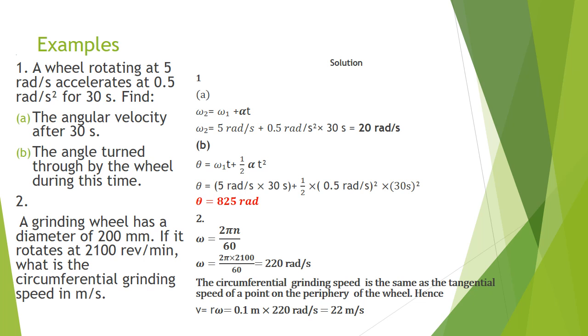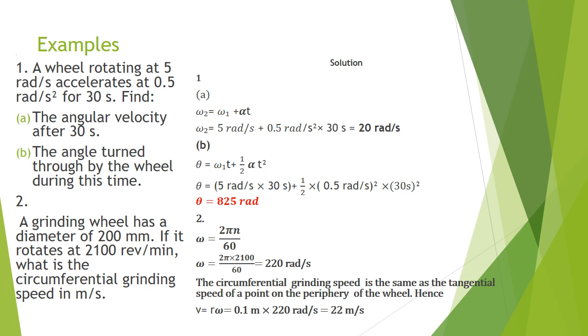Now, the circumferential grinding speed is the same as the tangential speed of a point on the periphery of the wheel. Hence, V, which is the circumferential grinding speed, is equal to R times omega, and we substitute for R, 0.1 meters. How has that come about?